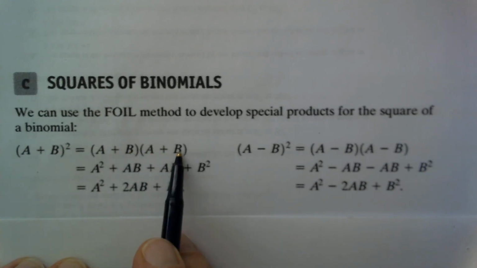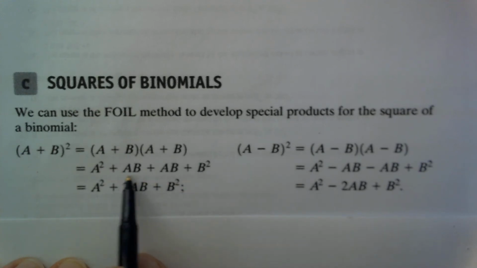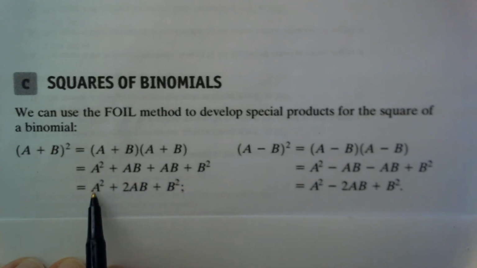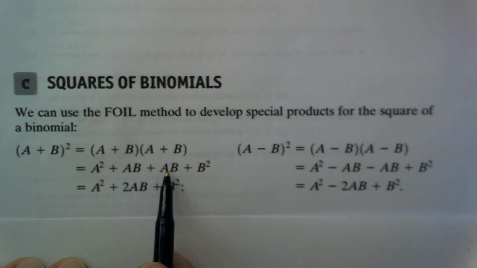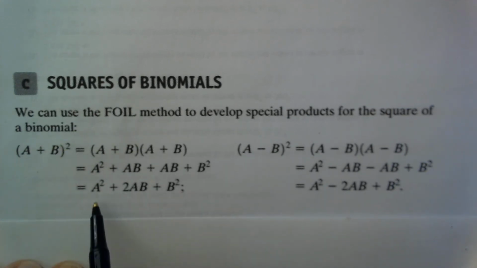And then we have b squared. b times b is b squared. So now we combine terms. And so we have an a squared, and ab plus ab is 2ab plus b squared. So in other words, a plus b quantity squared is a squared plus 2ab plus b squared. It's not simply a squared plus b squared, but we have a middle term.